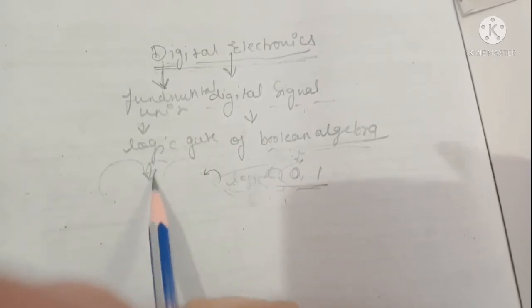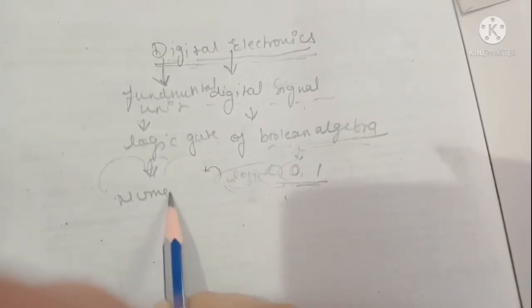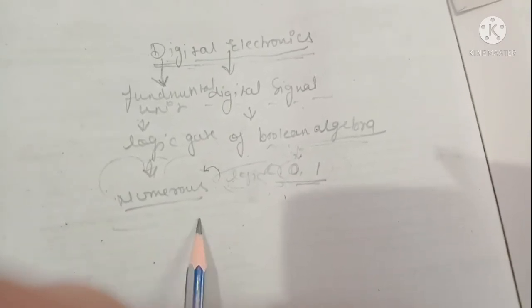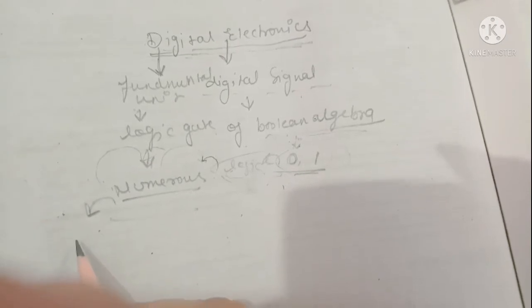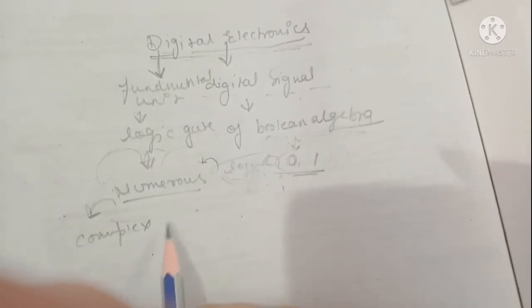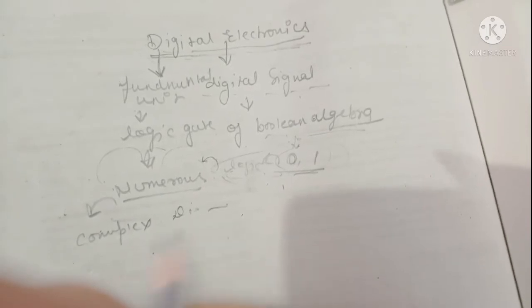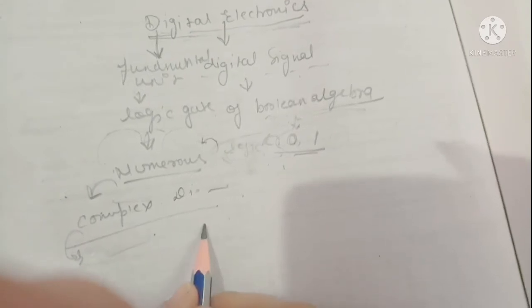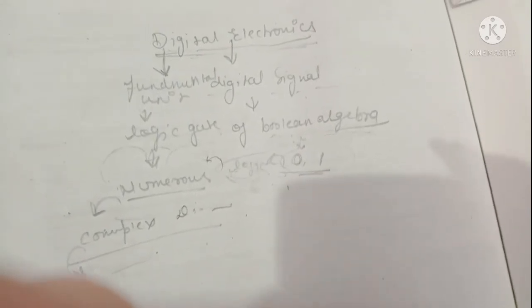Numerous logic gates, when combined together, create complex digital electronics, so that you can find the solution of a complex problem.